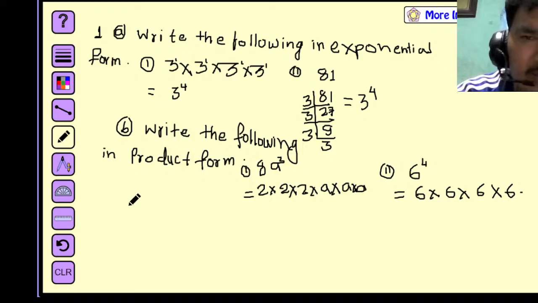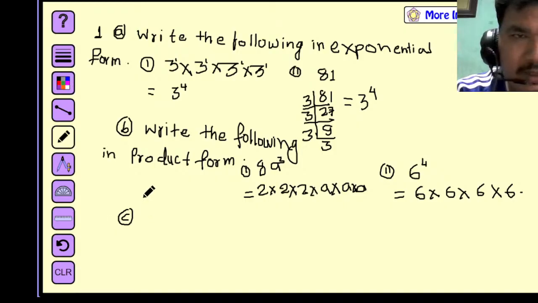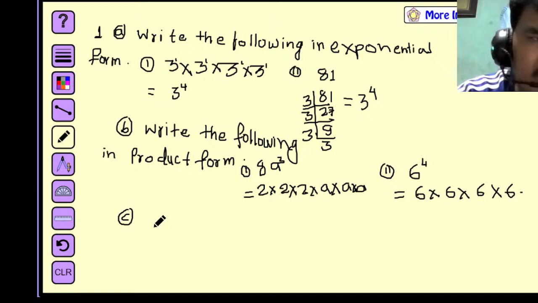And now look here, sometimes a question related to these laws of indices may ask you to define what an index is, which I explained in the previous one. Now, if it is asked to multiply, what will you do?